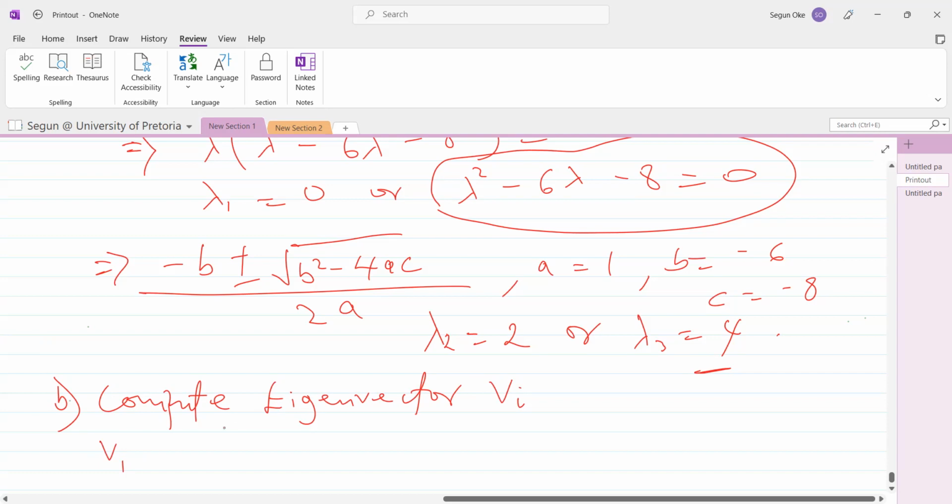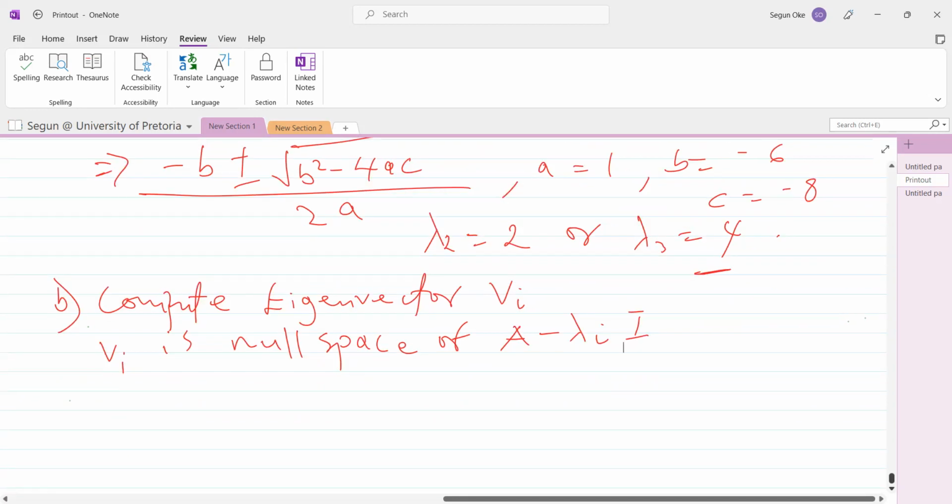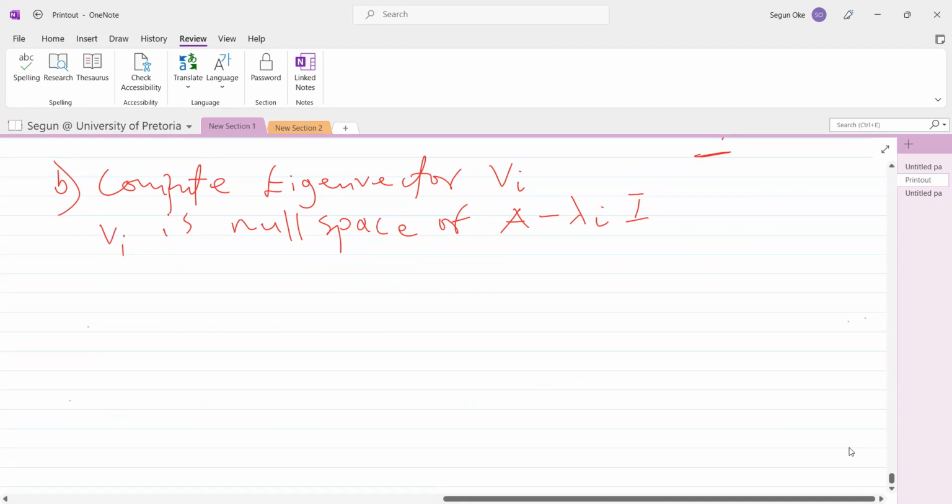So Vi is what we call the null space of A minus lambda i times capital I. It is the same thing we've been doing. Remember, we put i because our i starts from 1, 2, 3. We have 3 lambdas now.